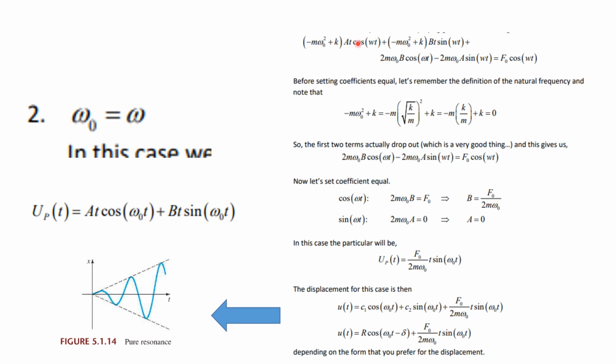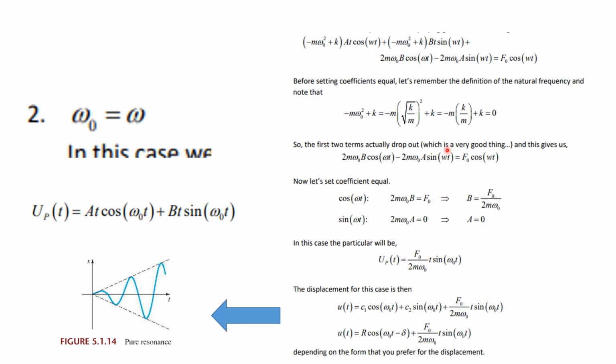But one nice thing is that since omega does equal omega 0, this is 0, and so is this 0. So it is much simpler. These two terms are 0, so we just equate the coefficients.